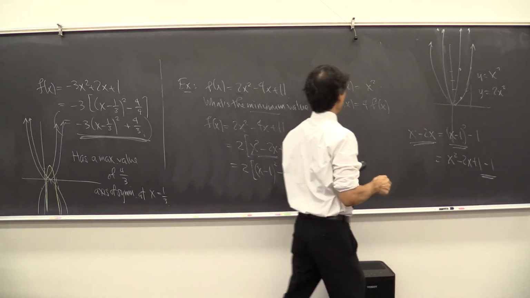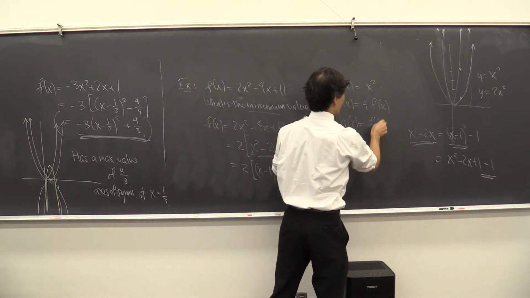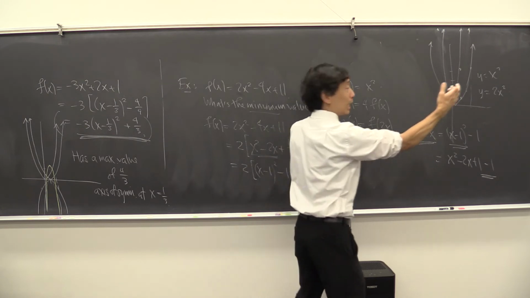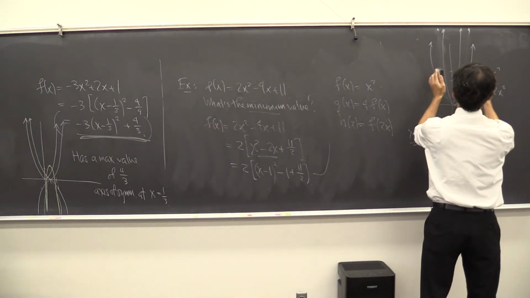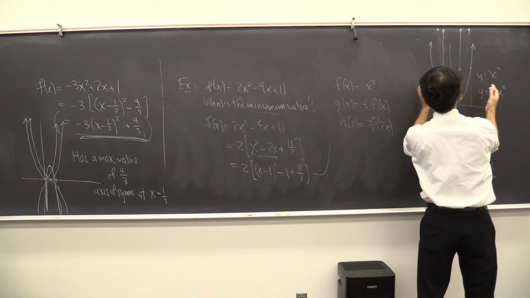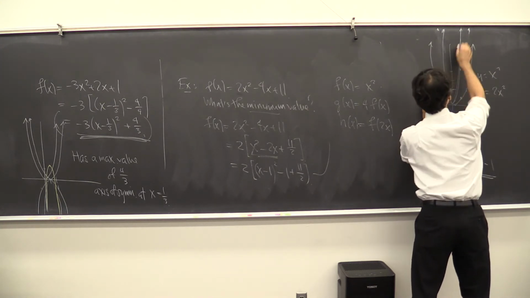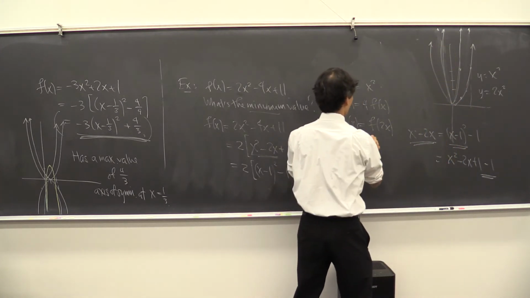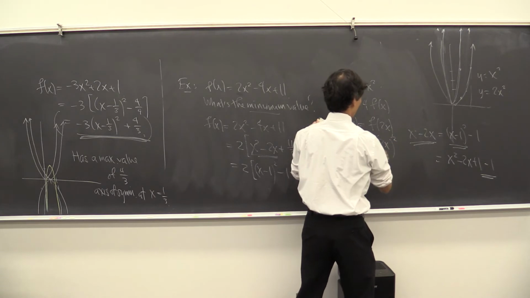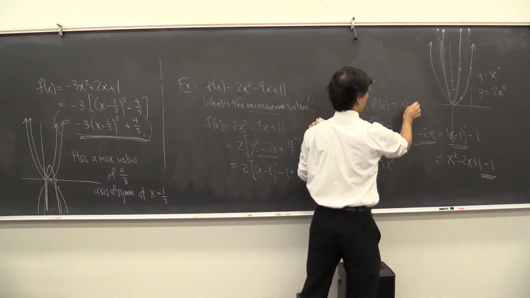But what if I make a parabola where it's f of 2x? Well, then I would shrink time by 2. Time would be sped up by 2, so everything would move inwards this way. And in fact, you get the same thing, because f of 2x is (2x) squared, which is 4x squared. This guy was also 4x squared.